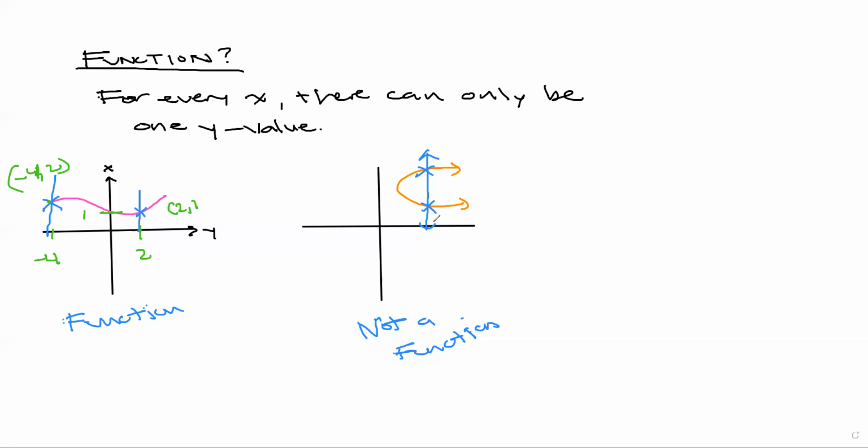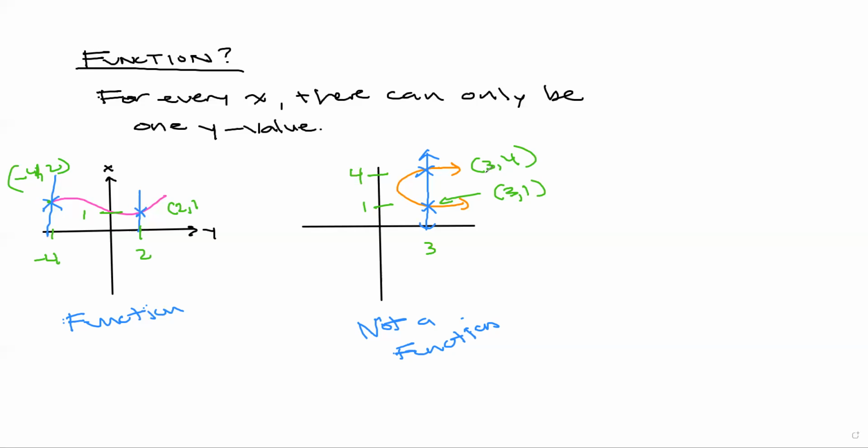Okay. However, here, let's say that this number here is 3, and this one was 1, and this one was 4. All right, so this coordinate right here is 3, 1, and then this coordinate here is 3, 4. All right, so notice that the x value repeats, the 3.